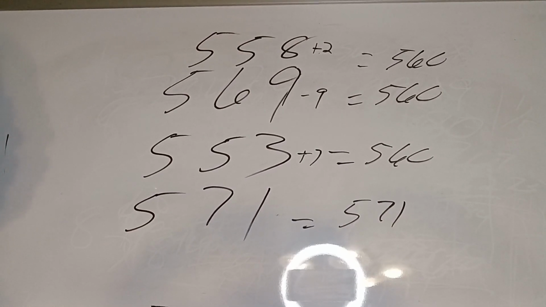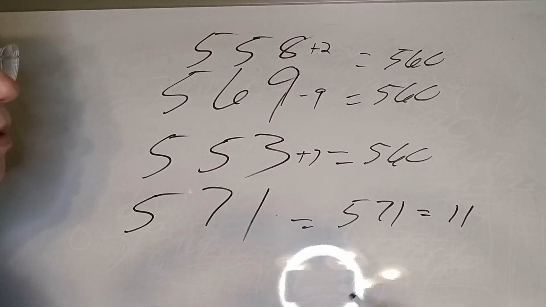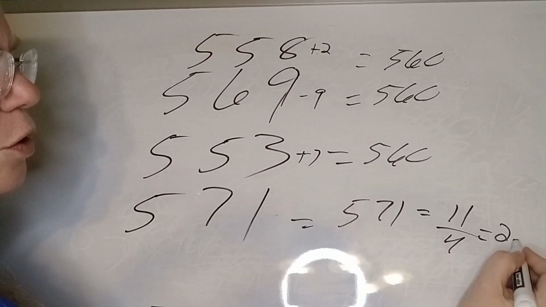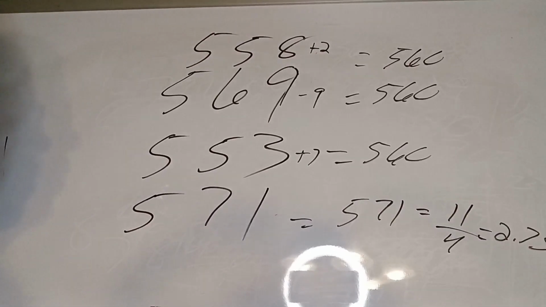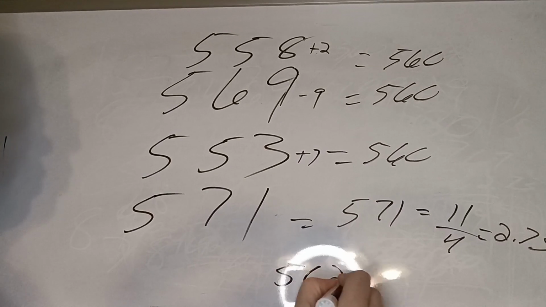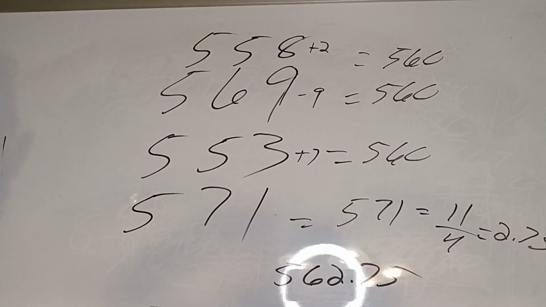All right, now if we subtract off 560, we just get this 11. And we're dividing by 4, and that gives us our 2.75. We add the 560 in again, and we get 562.75, which we know from the previous ones is our answer.